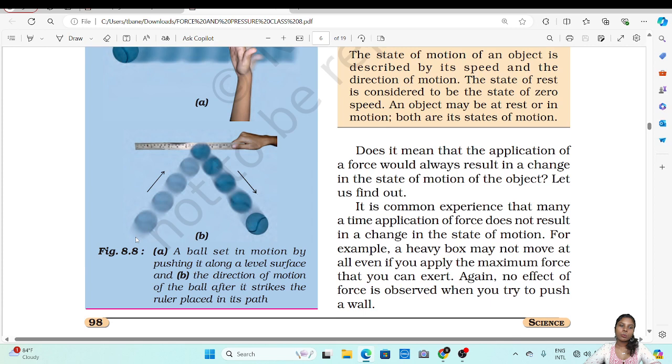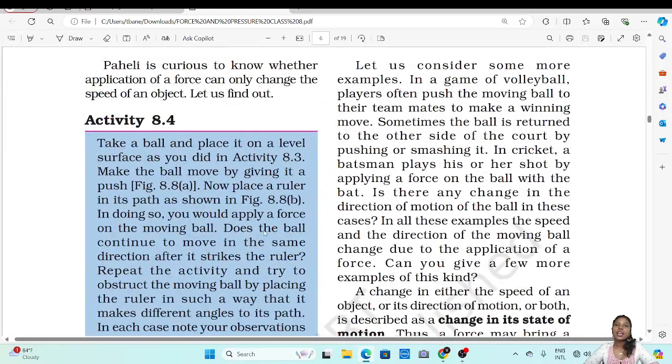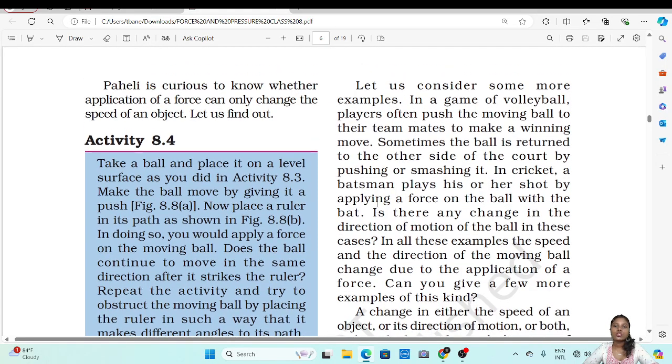Now the ball will go in this direction and get deflected. The direction of the ball has shifted. First it was in one direction. The moment the ball struck the surface of the scale, its direction changed. So not only the speed of an object changes, but sometimes the direction of an object also changes.